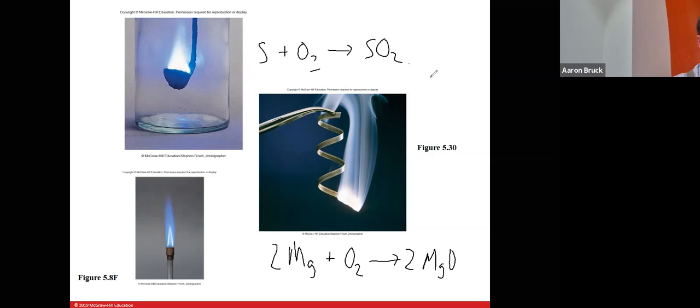And then the last one here, this is the common Bunsen burner reaction. We've got the hydrocarbon methane, natural gas, reacting with oxygen to make carbon dioxide and water.